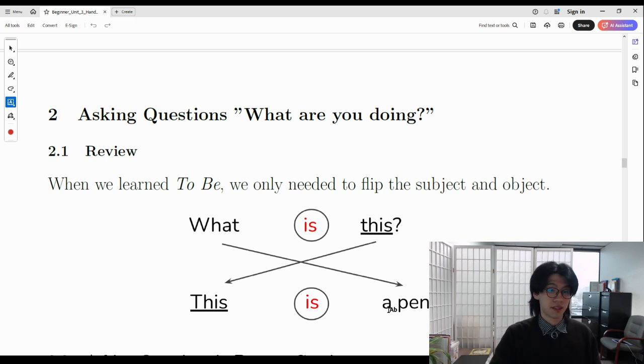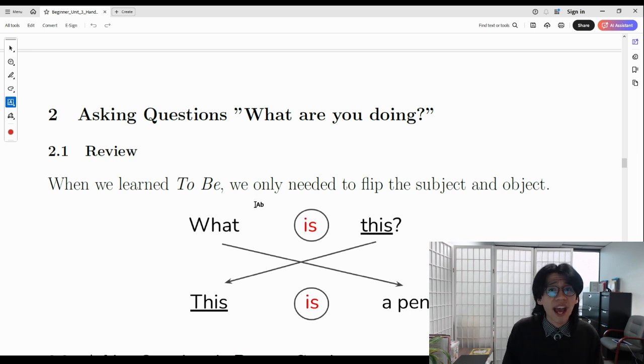This is a sticky note, right? And always is and to be stay in the middle, right? So this was kind of how to make a question using to be and asking for information.